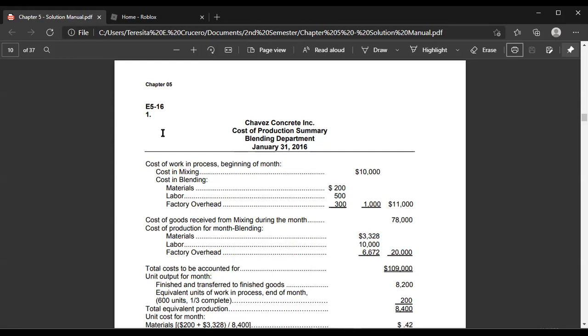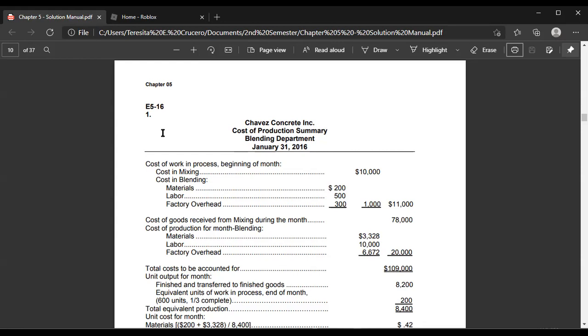Now we have the cost in the mixing department of 10,000. We are going to add the cost added in the blending department of another 1,000. The total cost applied to the beginning inventory is 11,000. Then we have the cost of goods received from the mixing during the month. So actually, we have to account for the beginning 1,000 units, and here we have 7,800 units.